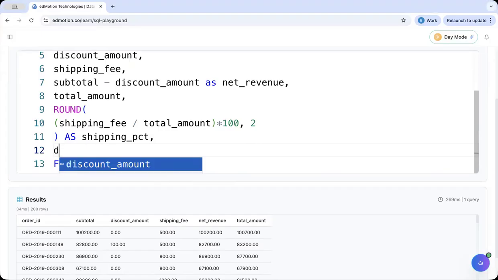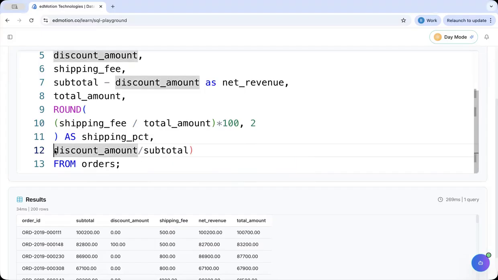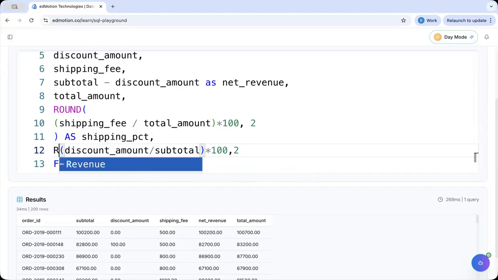So this is going to be the discount amount that I'm going to use divided by the subtotal. Okay, and we'll multiply that by 100, just the same way we did this. Multiply by 100, and this is going to be in two decimal places, and this is going to be rounded.